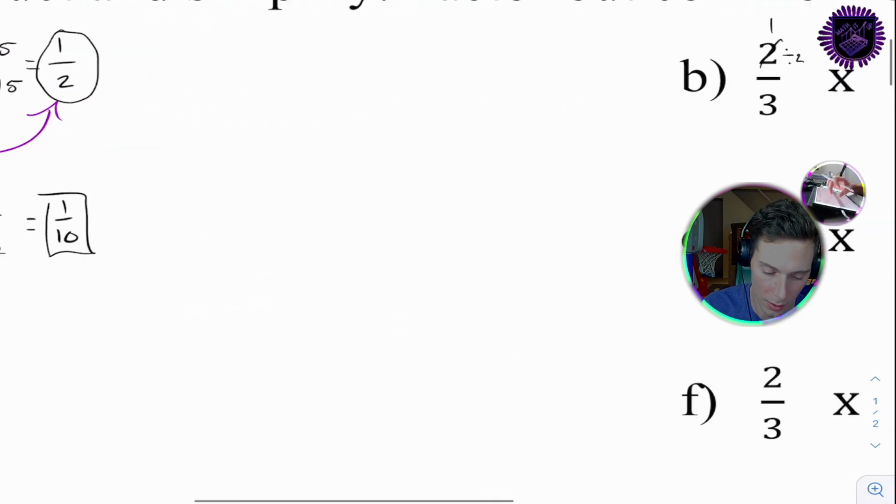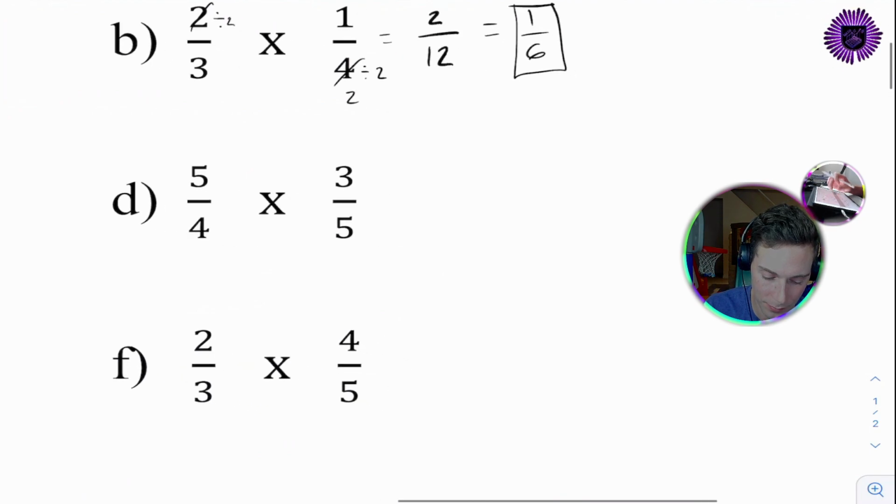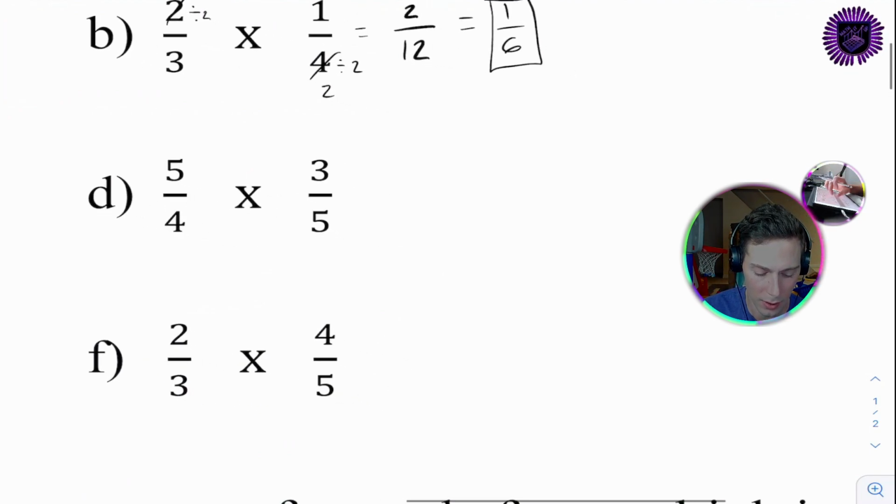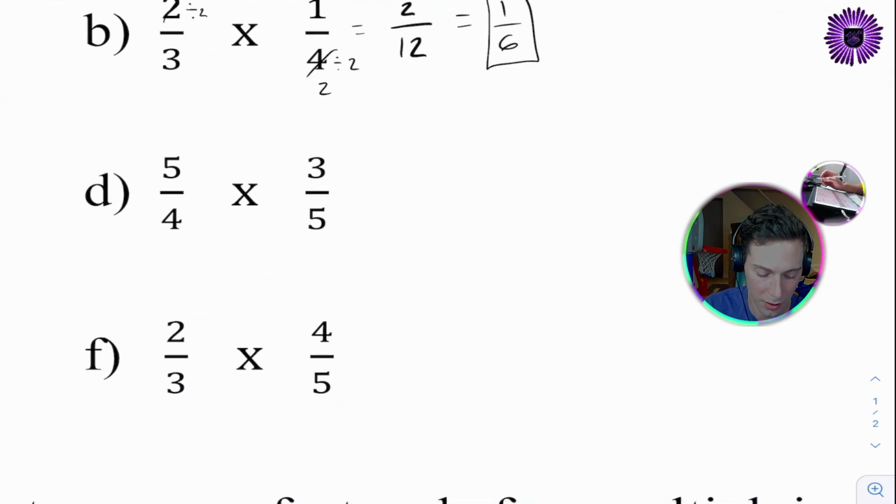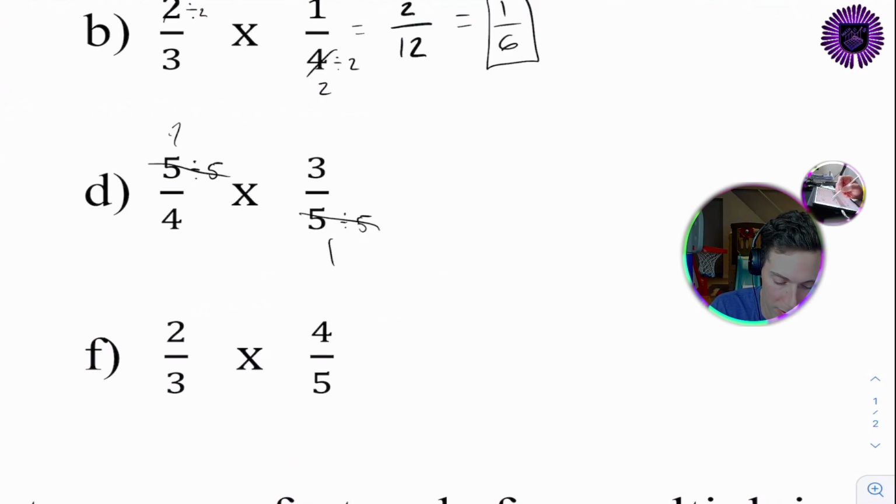Okay, 1D. So you can see really clearly right off the hop, there's this one number on both the top and the bottom. That's going to cancel out, right? If we divide by the greatest common factor on both of these, on the top and the bottom, they're going to cancel out because 5 divided by 5 is going to be 1. 5 divided by 5 is going to be 1.